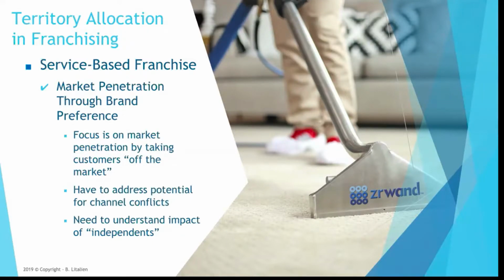Again, going back to learning and adapting. With every new customer your franchisee takes on, you should be tracking what's the value of that home? How many people live in that home? How long have they lived in that home? Do they have pets? What services did they ask for? So that you're learning and putting that data into a system like BlastPoint that can help you calculate how many of those types of homes are represented in any market so that you can more accurately allocate territory as you grow your data.